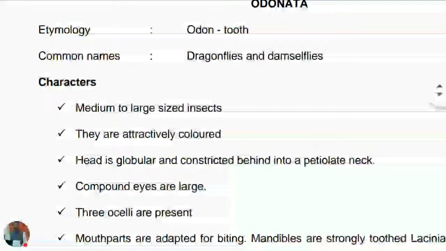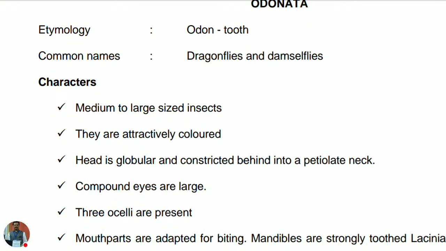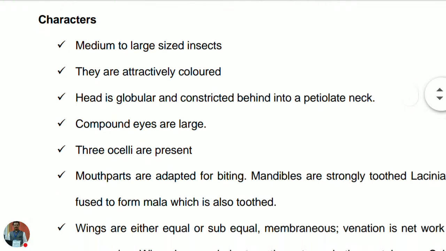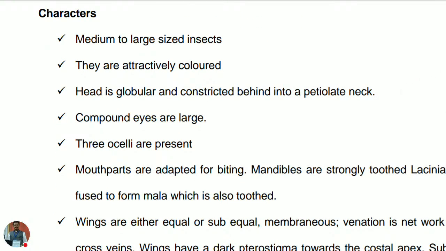So let's see them one by one. First, they are medium to large size insects. They are attractively colored. The third one is the head is globular and constricted behind, just between the thorax and the head, and it does have constriction behind into a petiolate neck.